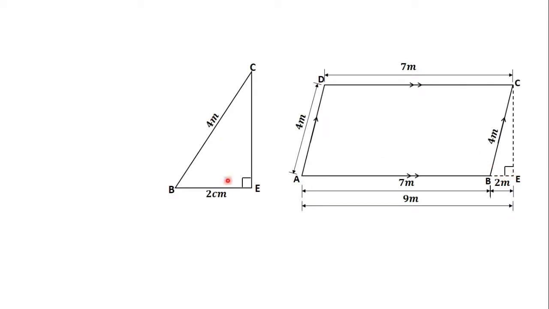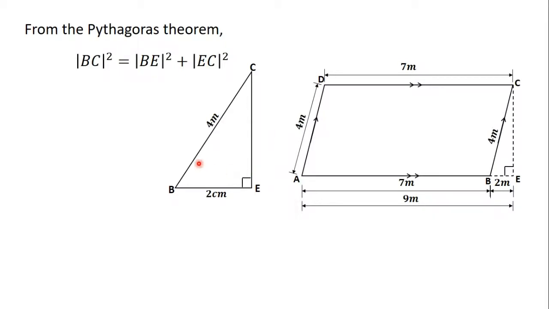And when we form a right angle triangle using the points BEC, we are going to have a right angle triangle like this, which has BC as 4 meters, BE as 2 meters, and the distance we are looking for is EC. So we are going to apply the Pythagoras theorem here to find EC.